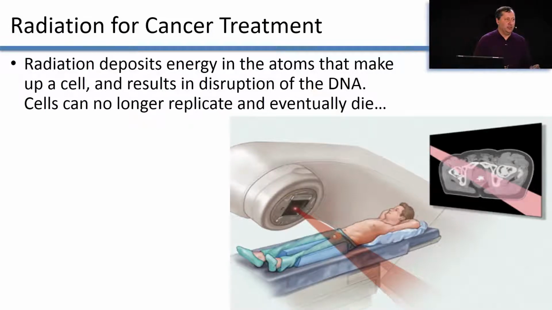Specifically for radiation, the name of the game is to try to deposit energy into the place where the tumor is. Because that energy disrupts the DNA. And when you disrupt the DNA, the cell isn't able to replicate itself anymore, and because it isn't able to replicate itself, it dies.